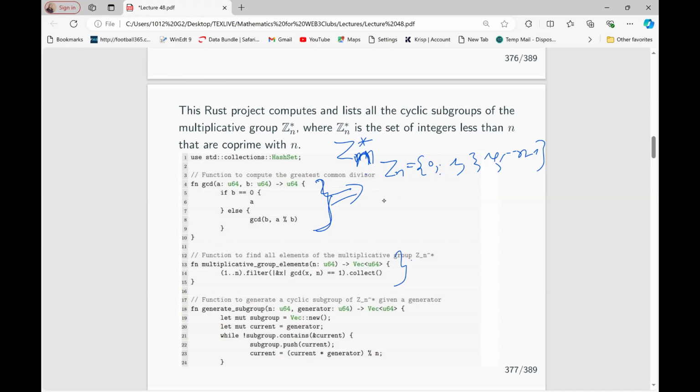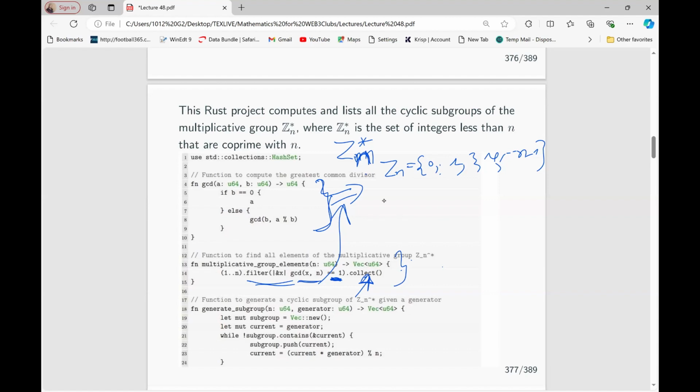Is that okay? The second one is now filtering, and you can see it's using what has been obtained from above. It is now picking only those which are relatively prime and storing them here. You can see it saying, if the GCD is 1, now collect there.